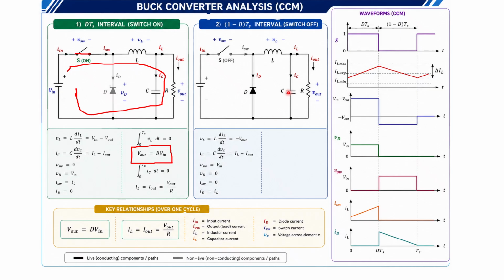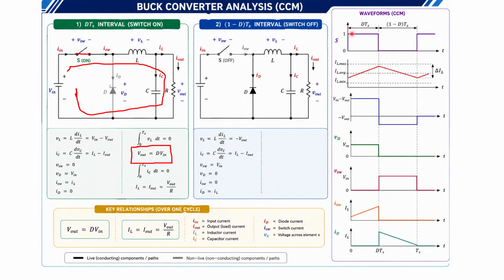Now we will see the turn off interval. When the switch is in off condition, and here when the switch is in on condition. This is the switching pulse that we are giving to the MOSFET or IGBT, whatever it is.